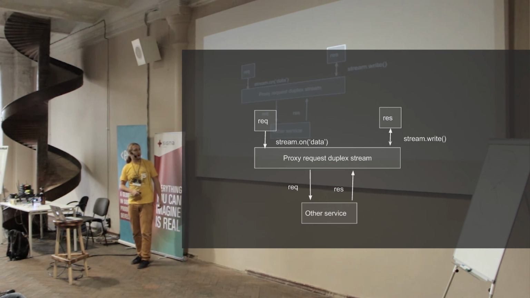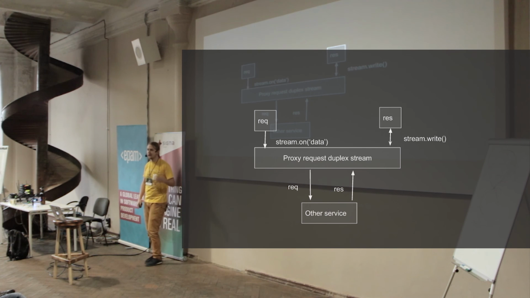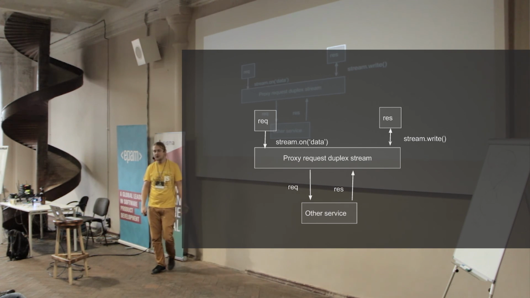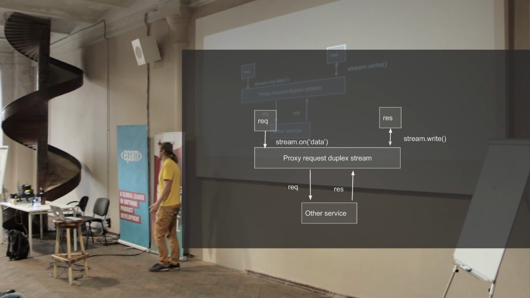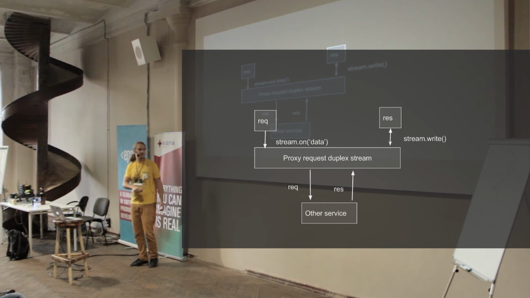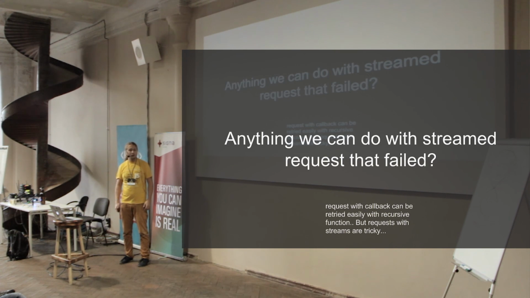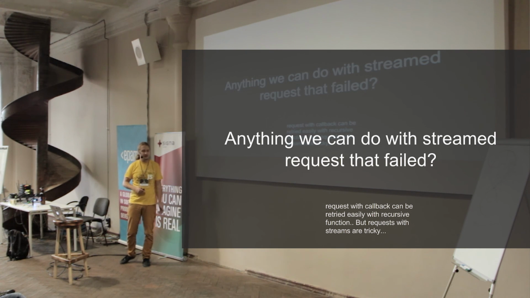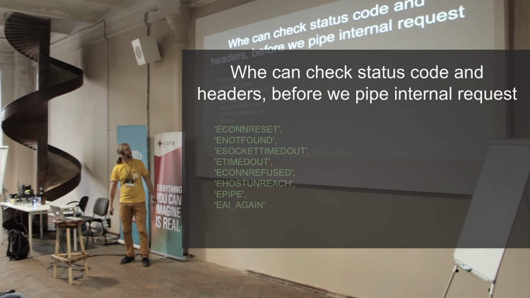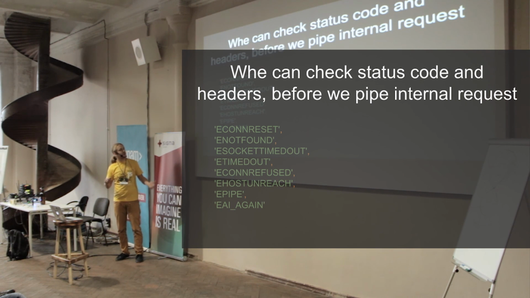What if our other service returned 503 just because of a networking issue, and maybe this service can return a successful response after a while, after 1 second, let's say. When we get an error from the internal server, we can get error messages like connection reset, not found, timeout, or connection refused, for instance, if there is a network problem.